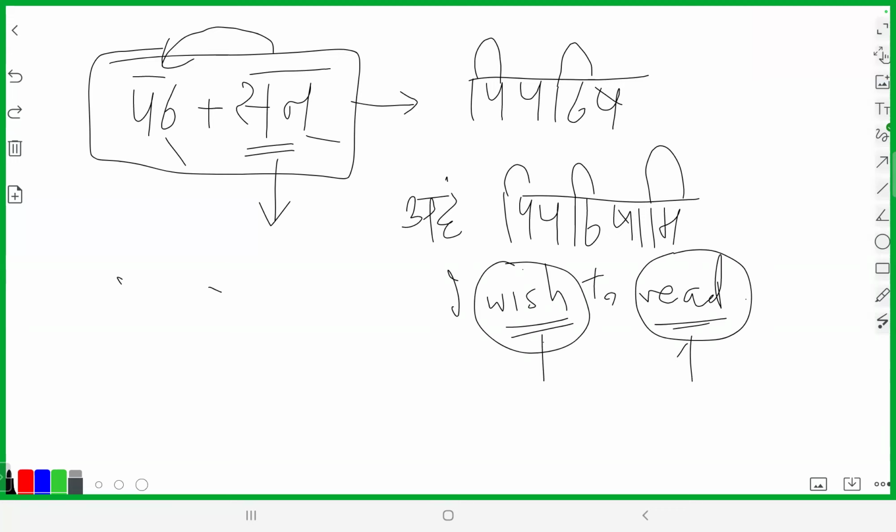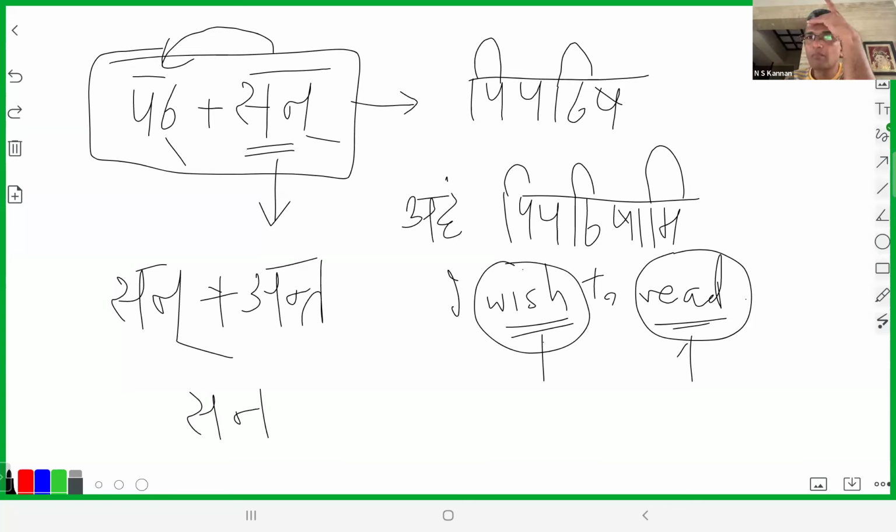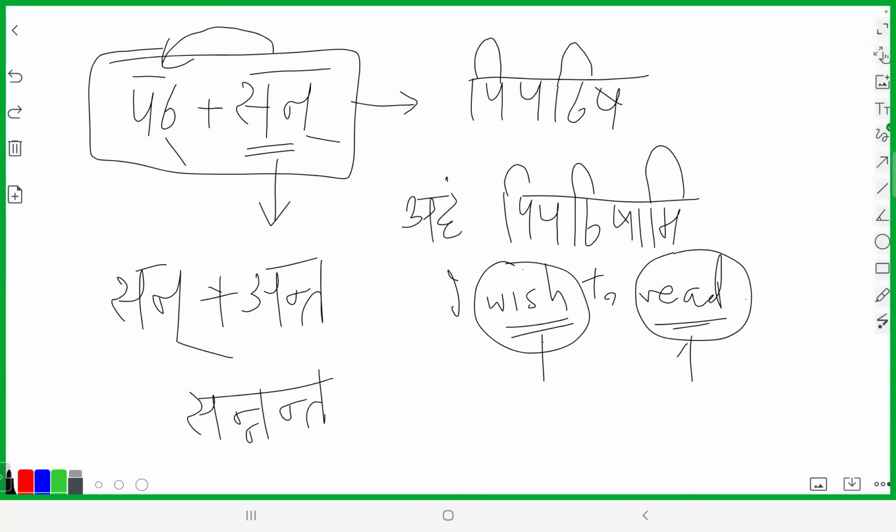And these are called sananta. Just like that was nijanta, this is sananta. There is a sandhi involved here, but that's okay, we don't do the sandhi.